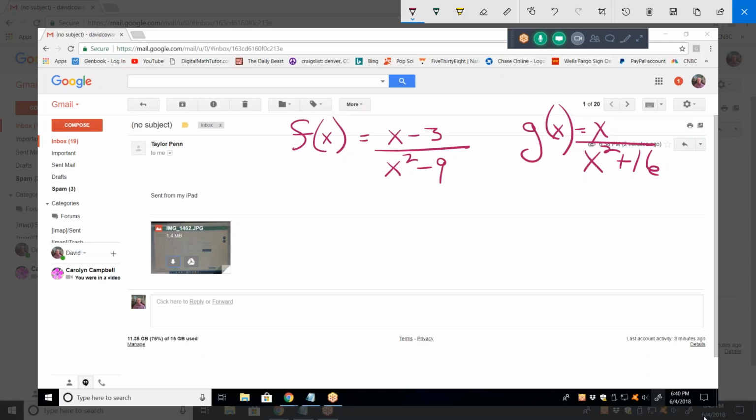Okay, that's it? Just find the domain? Yep, of both. What's the restriction on f of x? Remember, when you think about domain, always be thinking, what can x not be? Well, it can't be anything less than 3, I see from up top.